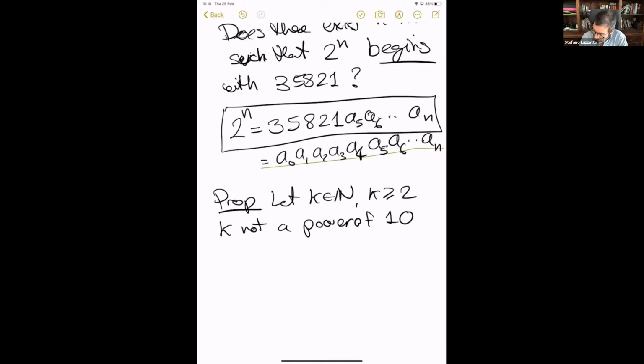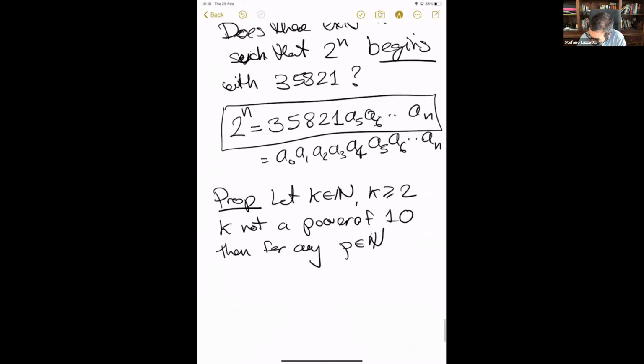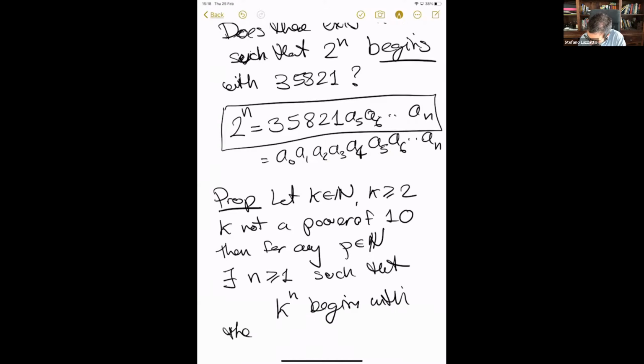Then for any p in the natural numbers, there exists n greater than or equal to 1 such that k to the n begins with the digits of p.